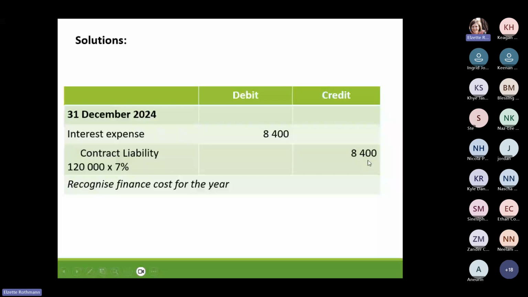So in the 2025 year, when we calculate the interest, it's on 128,400. The journal will look like this: 120,000 plus the 8,400, and then times 7%, because we are being charged interest again.